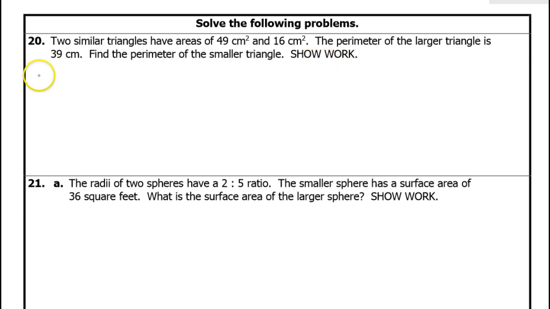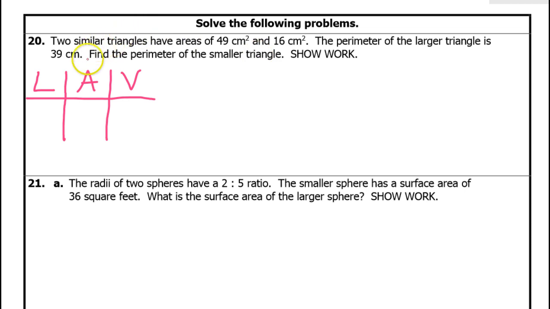So to start off with, for a length, area, volume problem, I find it useful to make a little chart, a scale factor chart for length, area, and volume. This is where we will record our scale factors. They're going to give us one of these scale factors somewhere in the problem.